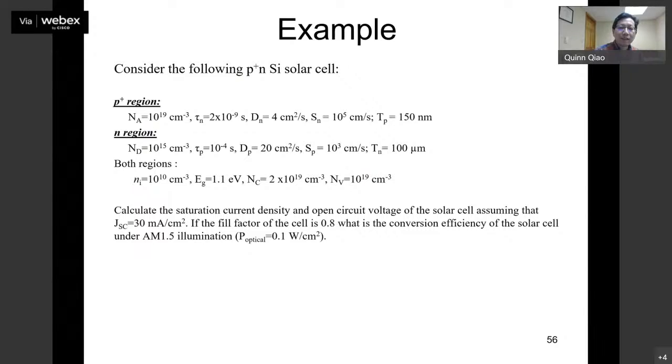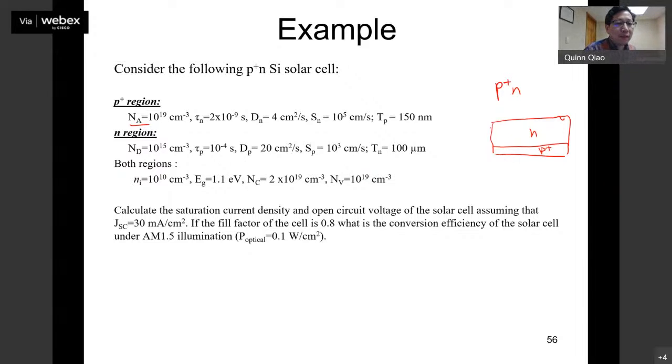So with that, here's an example. I think I should talk about the example a little bit. In this example, you have a P plus N junction. Then the problem gave you that the P plus acceptor concentration is 10 to the power 19.